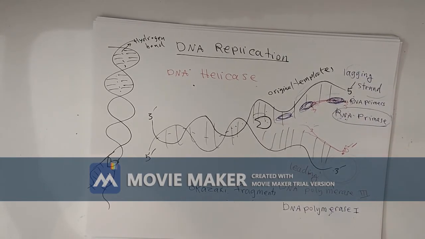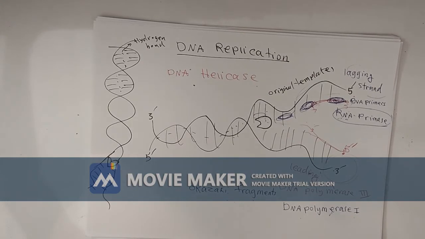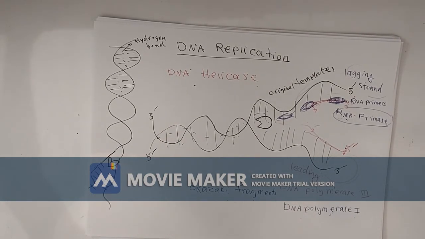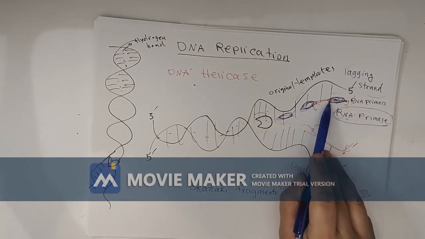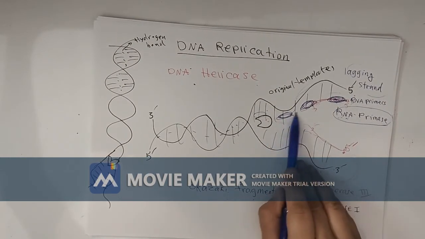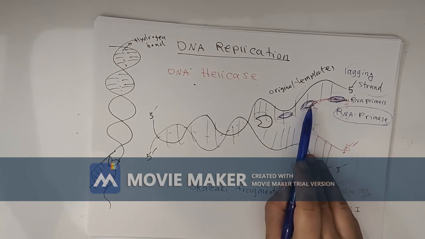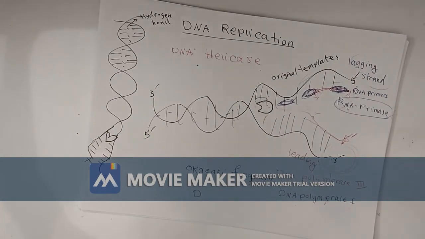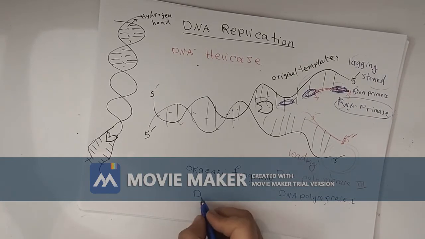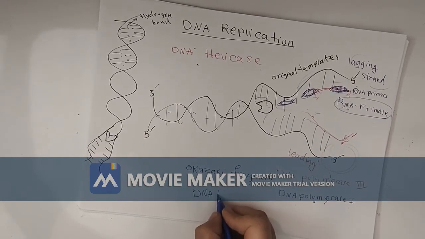Now the last job is to go along and stitch those small bits of DNA together. These Okazaki fragments are alone now, so they should be connected together. This is the job of DNA ligase.